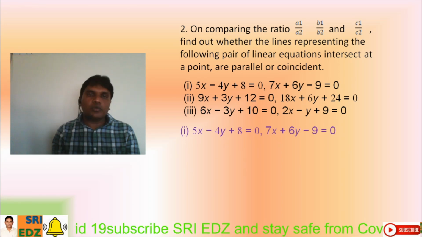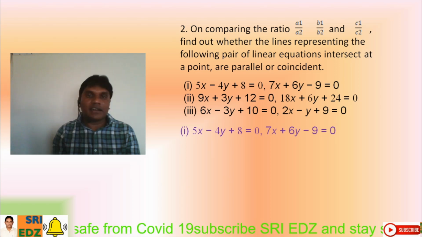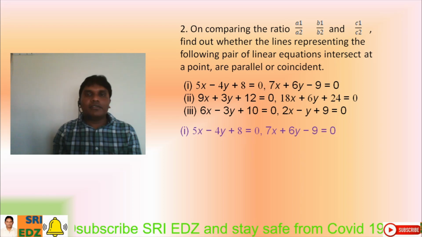Then we can say those two lines coincide with each other. That means one lies on the other. That means they are dependent equations. That means they coincide. So according to the condition, we can compare and we can declare.